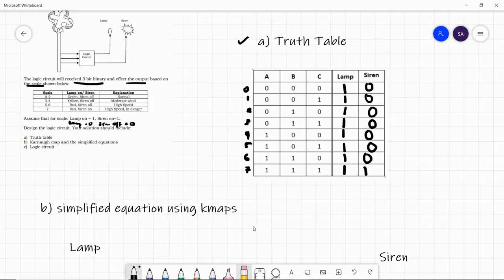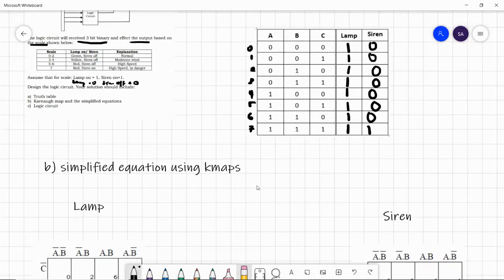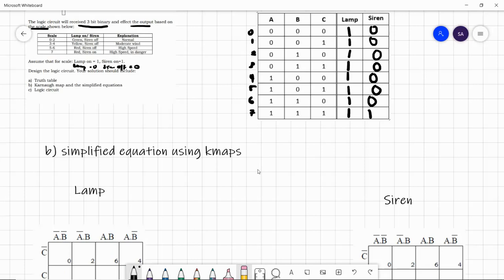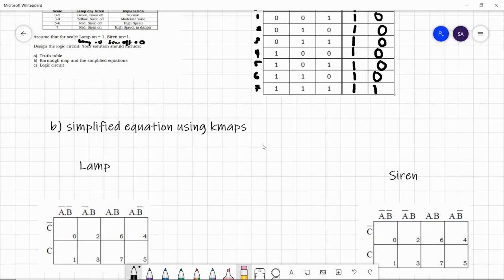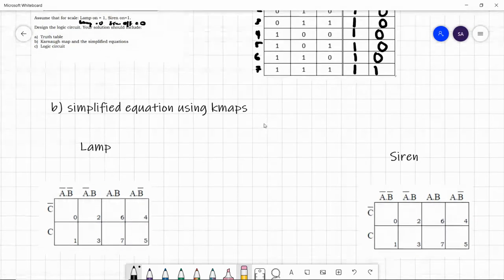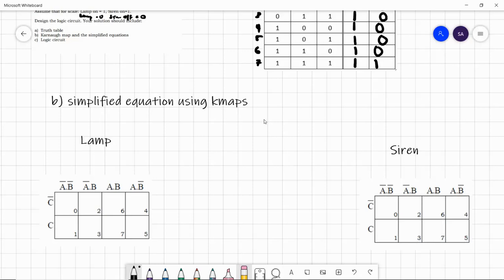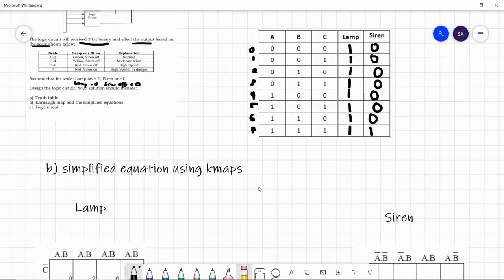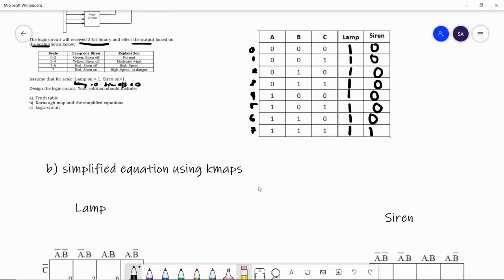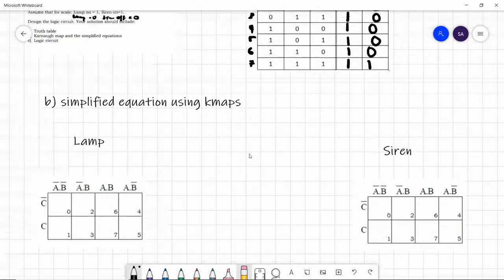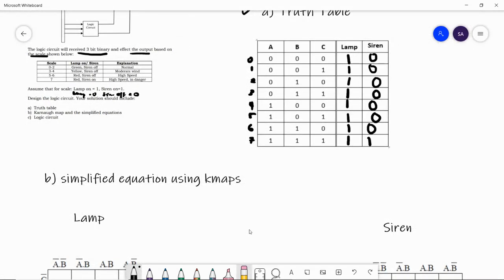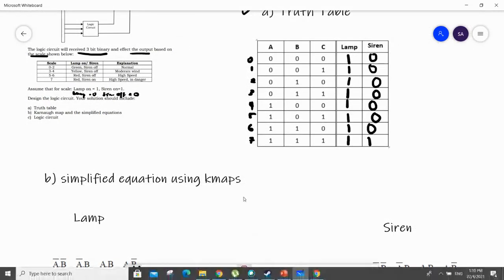So now we will draw the K-map. Draw the K-map for each particular cell. Alright. For the lamp, everything is one.